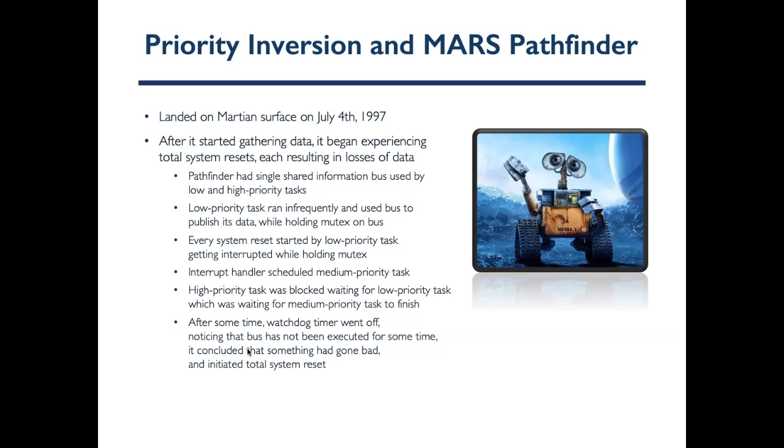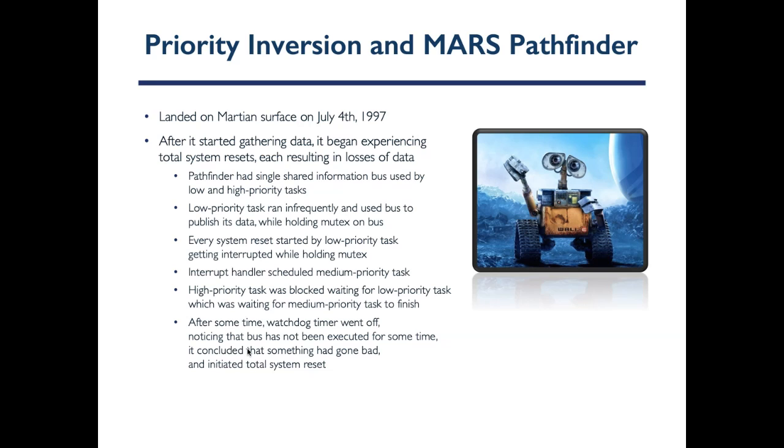So the bus is idle for a while, and that was a bad sign for this heartbeat checker. So at this point, this watchdog would just reset the entire system, thinking that something really terrible has happened.